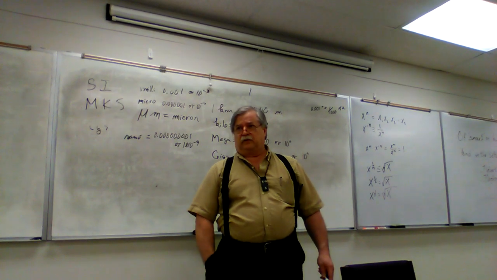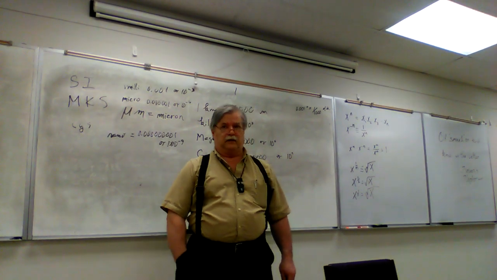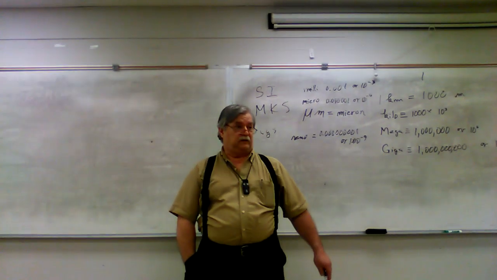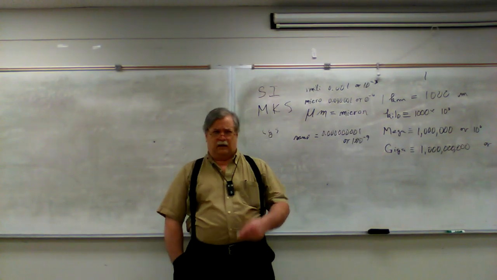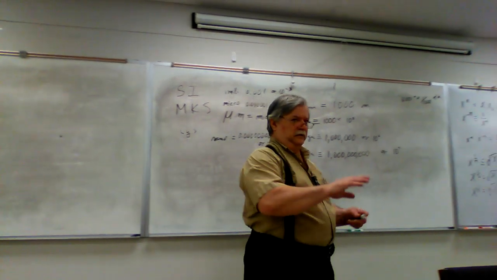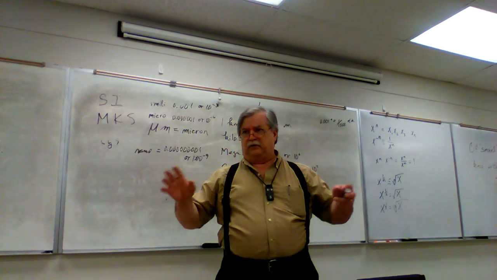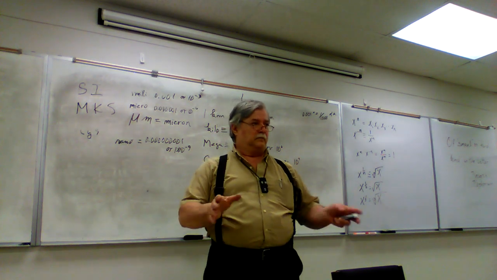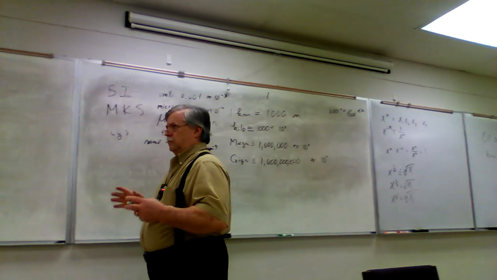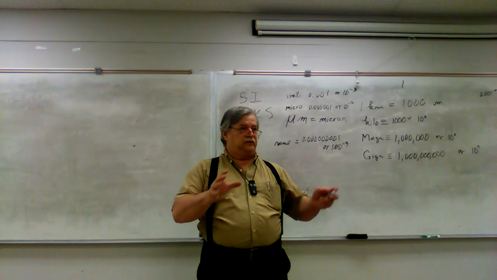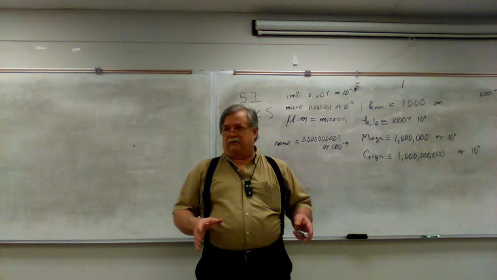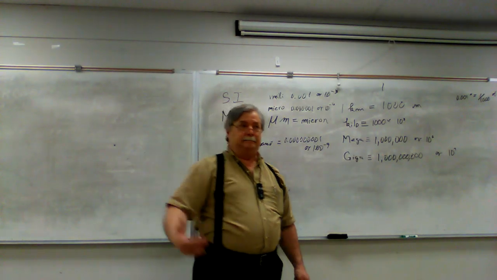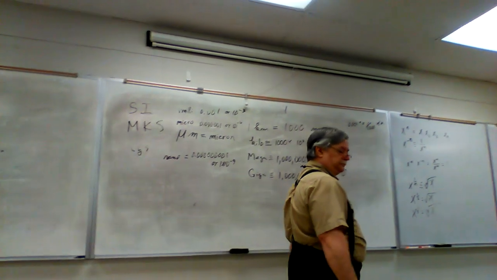If you have so many joules per second, or kilograms meters squared per second cubed, you have watts. Okay. Point is, and don't worry about trying to remember these other units, but as we get to different units that you need to know, I'll point them out to you. What I want to get across to you here is that these units are derived units from these fundamental, or as the book calls them, base units.